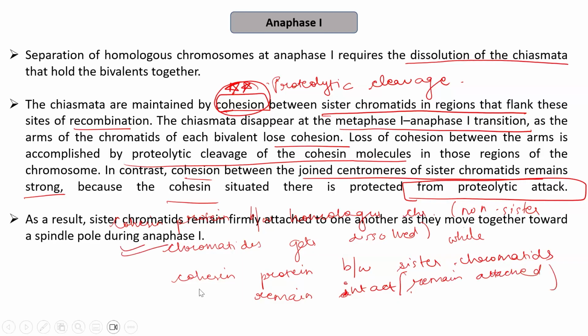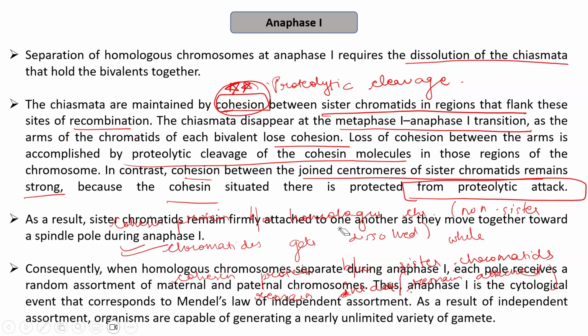So consequently, when homologous chromosomes separate during anaphase 1, each pole receives a random assortment of maternal and paternal chromosomes. As I mentioned, it is not like the paternal chromosomes will attach at the same pole and the maternal will attach at the other pole.